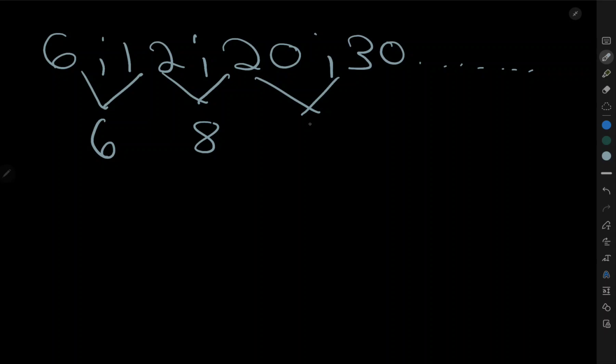And the difference between 20 and 30 is 10. With an arithmetic sequence, when we try to find the difference, it will be a common value. The value won't change. It will either be 2, 2, 2, or 4, 4, 4, and so on.